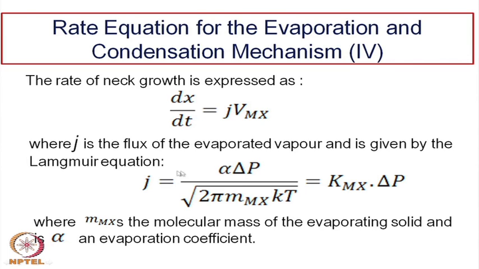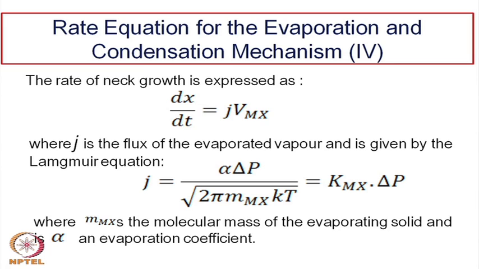So, the pressure difference and the flux is of course proportional, but with some other terms if you want the exact quantitative equality. So, J can be, this is called the Langmuir equation, which relates the flux and the vapor pressure difference between the two sides. So, this becomes alpha over root over 2 pi m x k t.